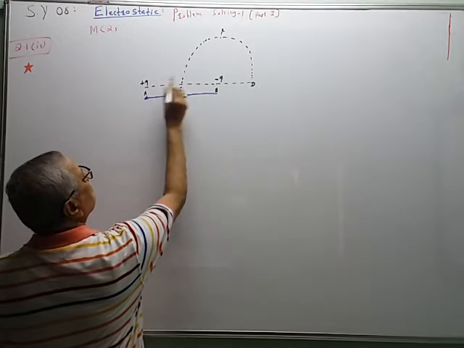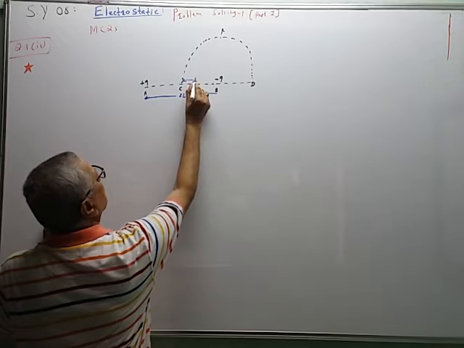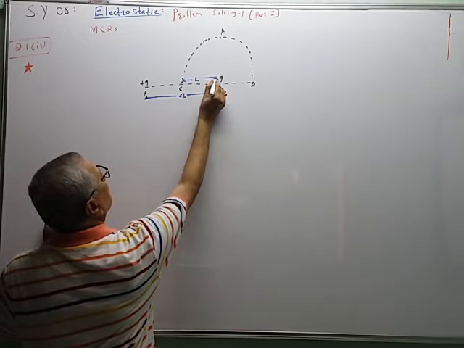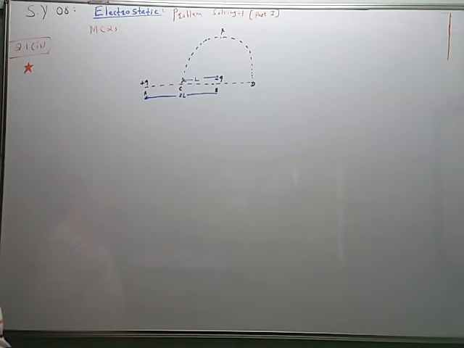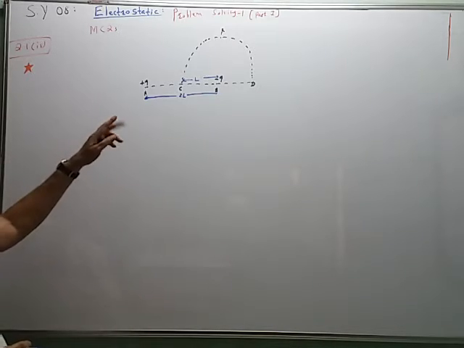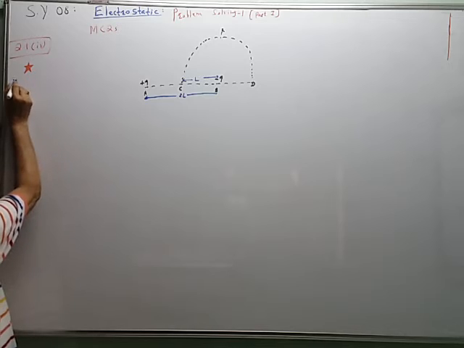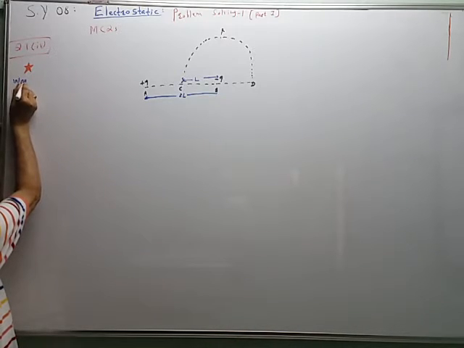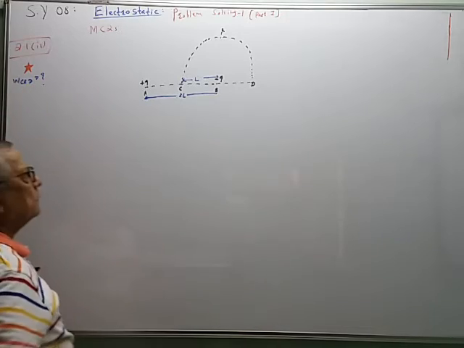Therefore, this is the center of the dipole, so this is also L. So the radius of the semicircle is equal to L. We have to find the work done to move the plus Q charge along the path CRD. So we have to find W CRD is equal to question mark.